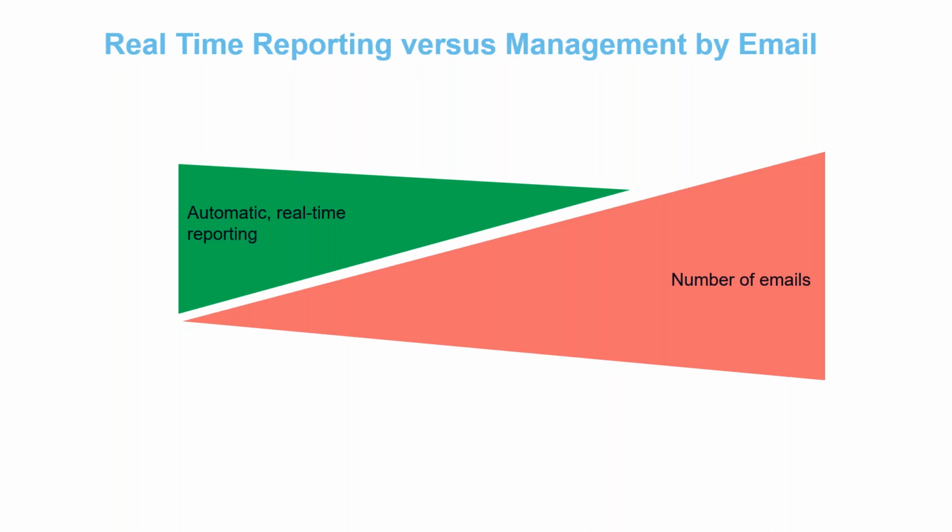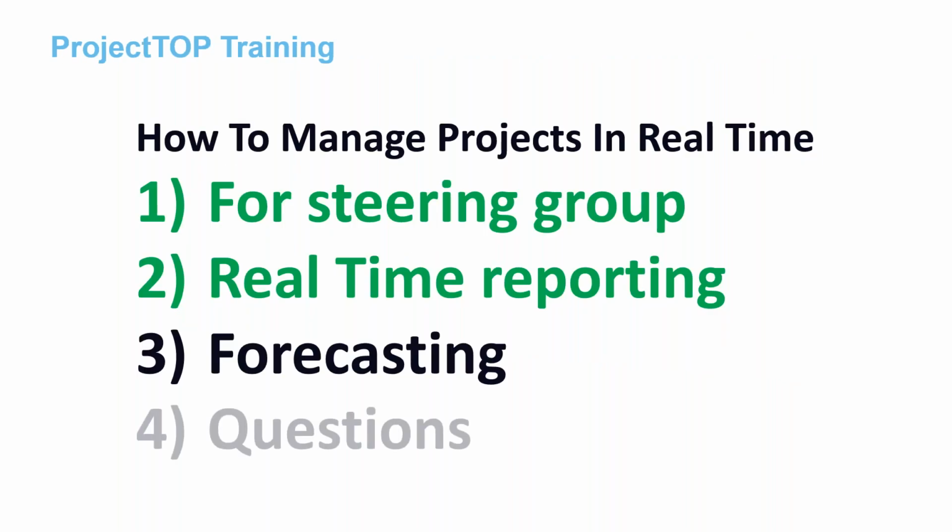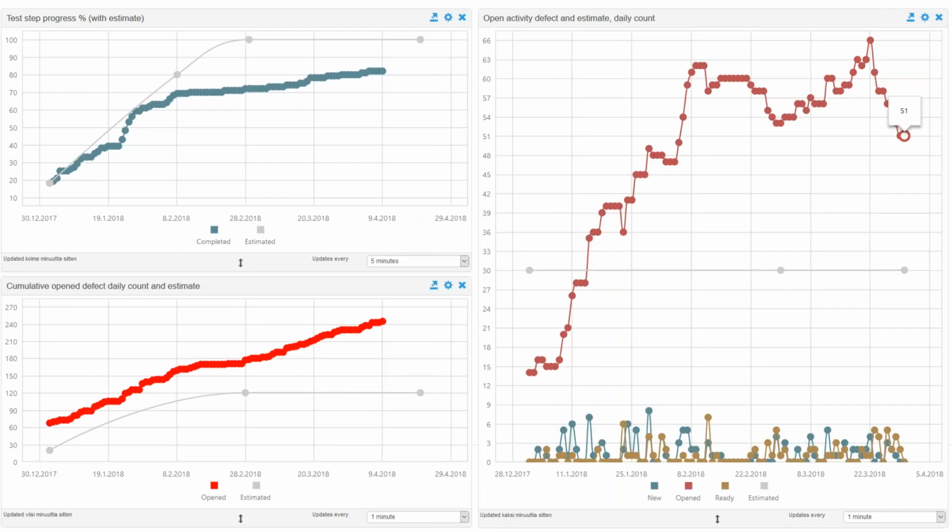But let's move forward to the main part, the forecasting part. And this is the part that I'm actually looking forward to. Let's keep going. I understand that these are now real-time graphs. As you can see from the dates, they are very recent, and they are from this project that you were called to help.